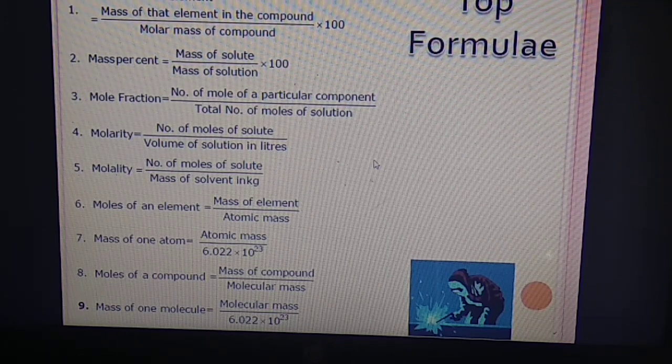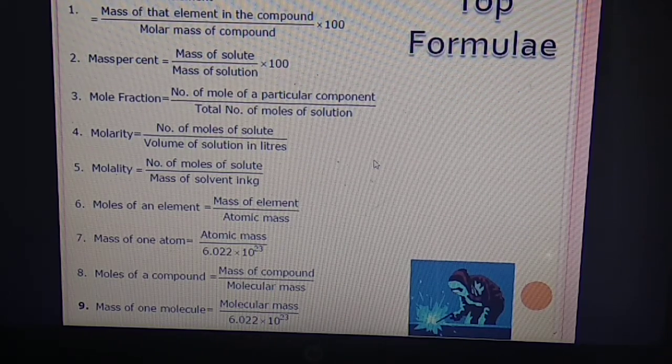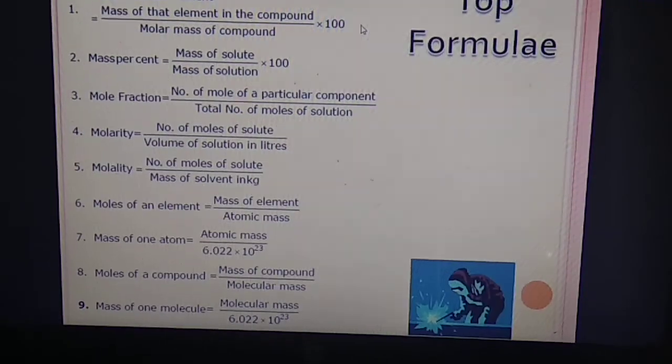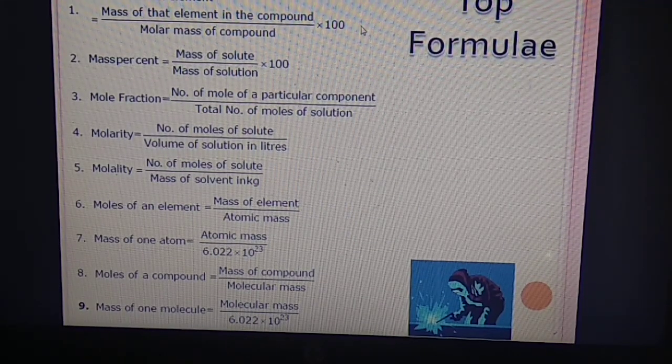Moles of a compound, next, number 8 formula: moles of a compound equals mass of the compound divided by molecular mass. And number 9: mass of one molecule equals molecular mass by 6.022 into 10 to the power 23. Students, pay attention to formula numbers 7 and 9.